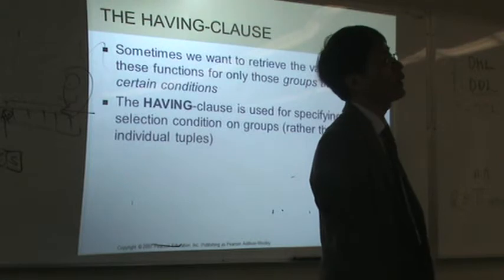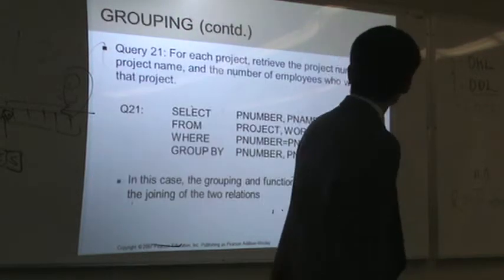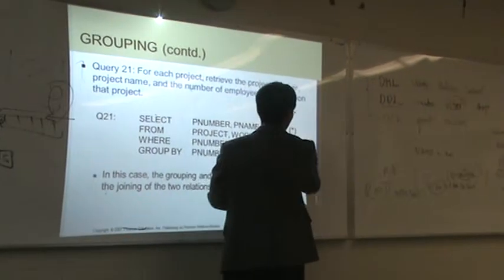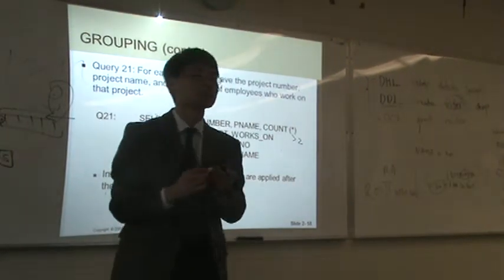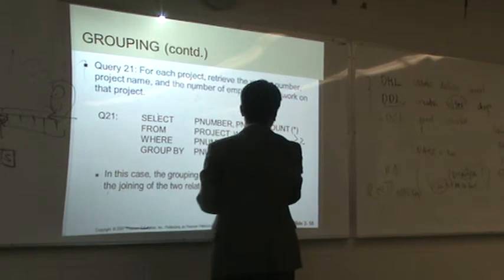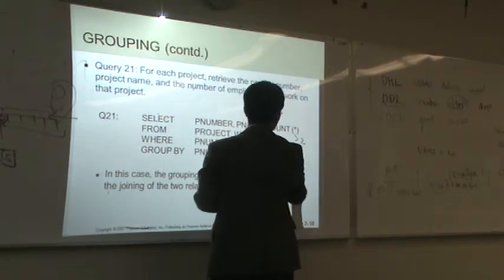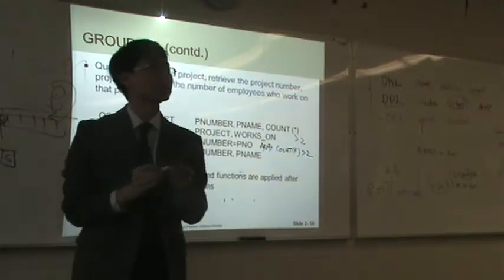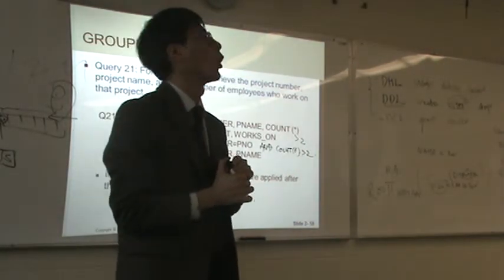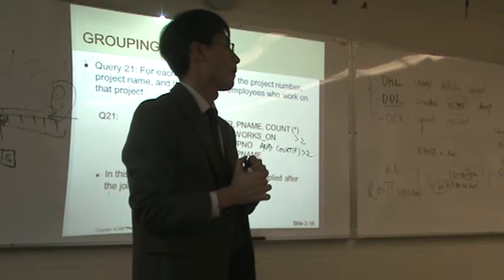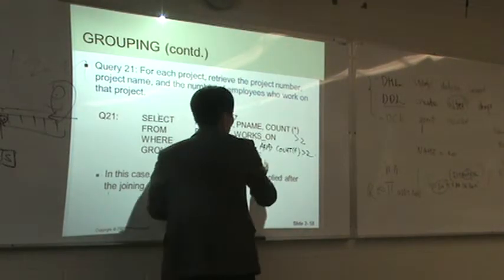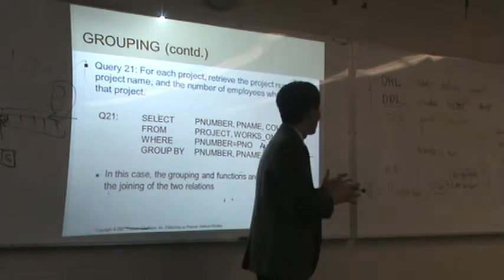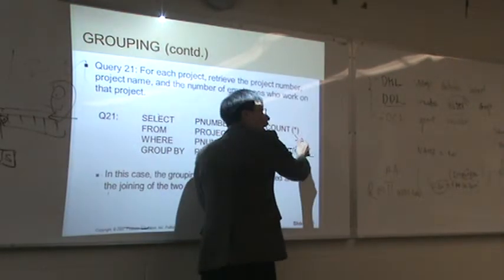What if I have a condition? So for example here, I'd like to return only projects whose count is bigger than 2. So it's a condition on count. Does it make sense? No. Why? This condition is evaluated before group by, but this condition is after group by.